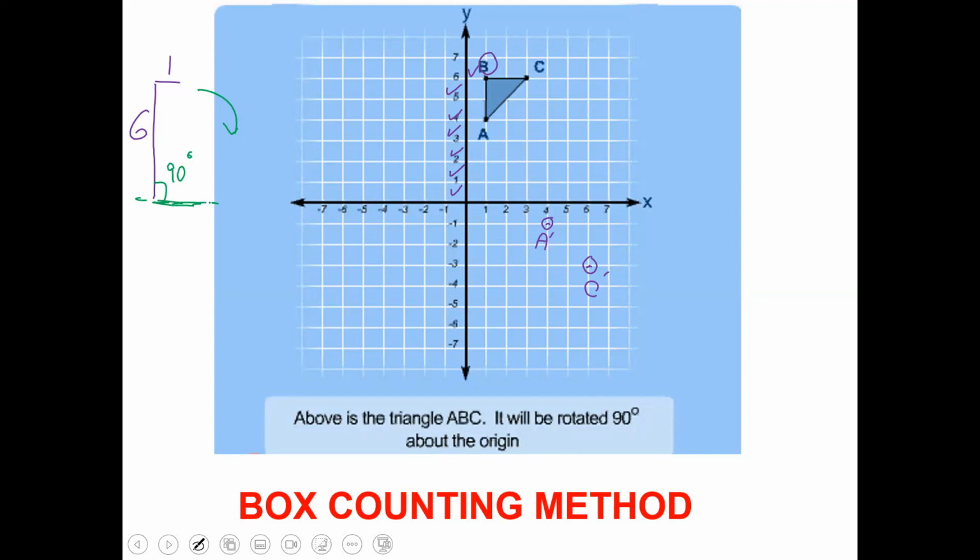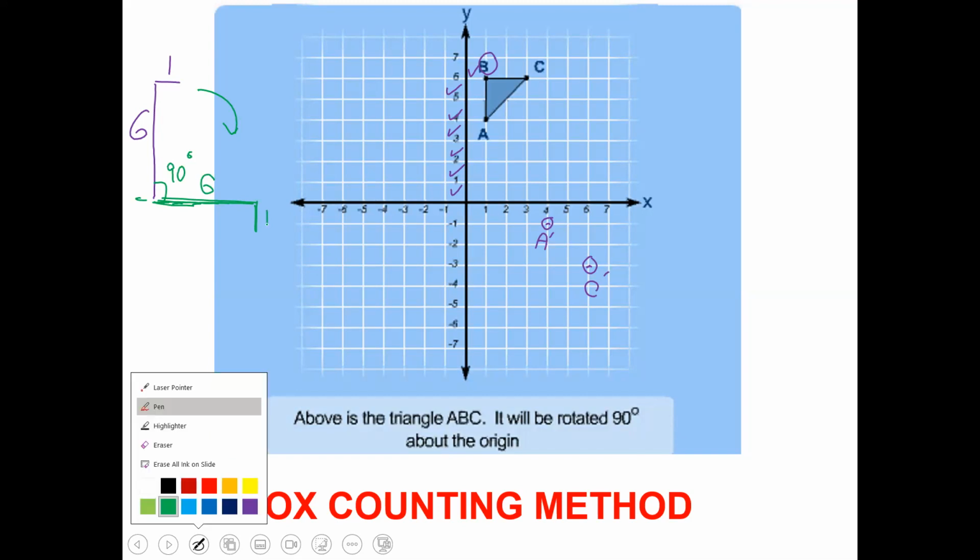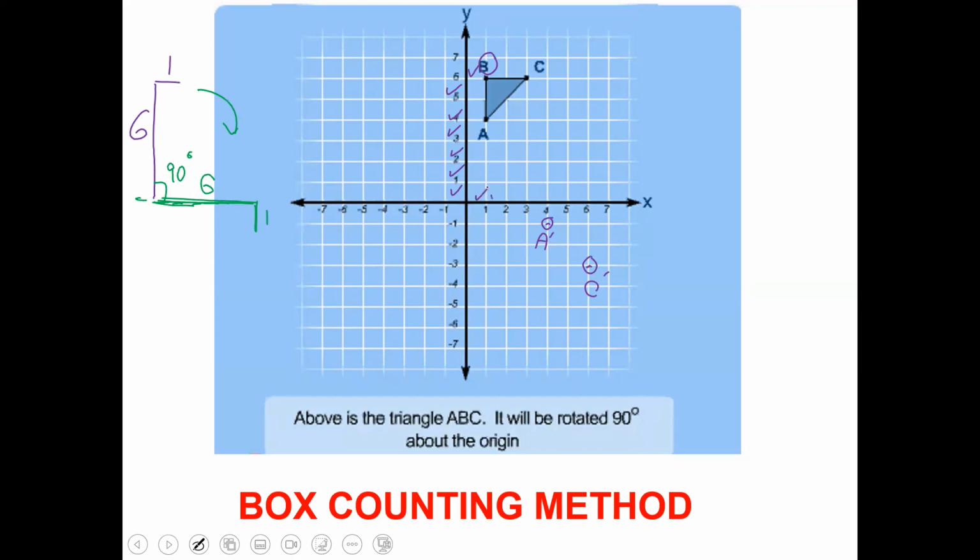So this line will come here, and it's like this. So horizontal is 6, vertical is 1. 1, 2, 3, 4, 5, 6 horizontal and 1 vertical. So B prime will come here.